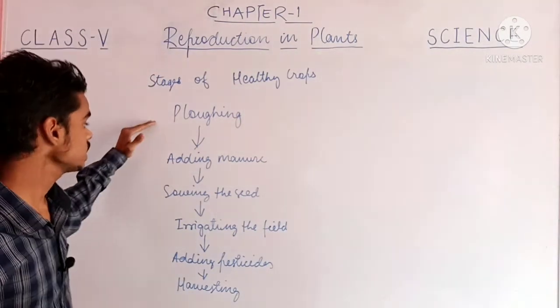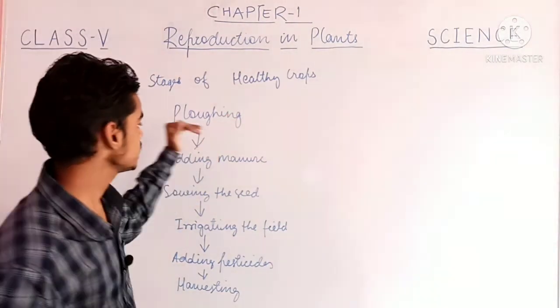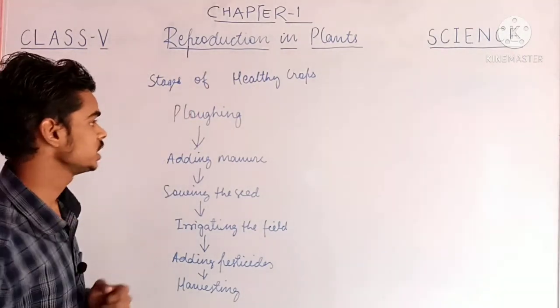These are the six stages of growing healthy crops, and these stages should be adopted to grow healthy crops.